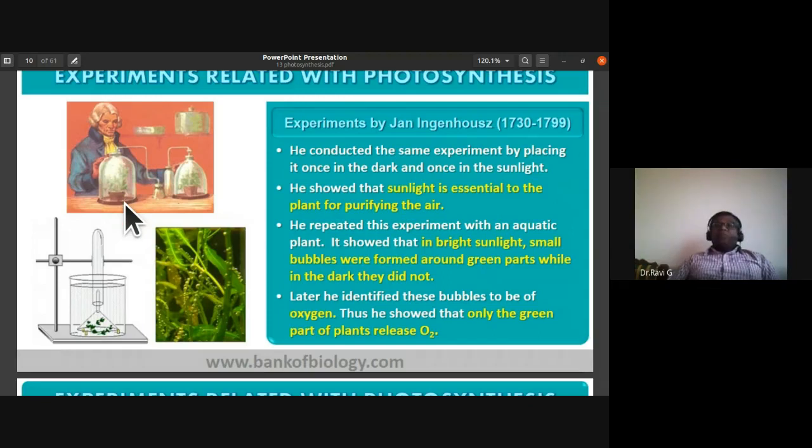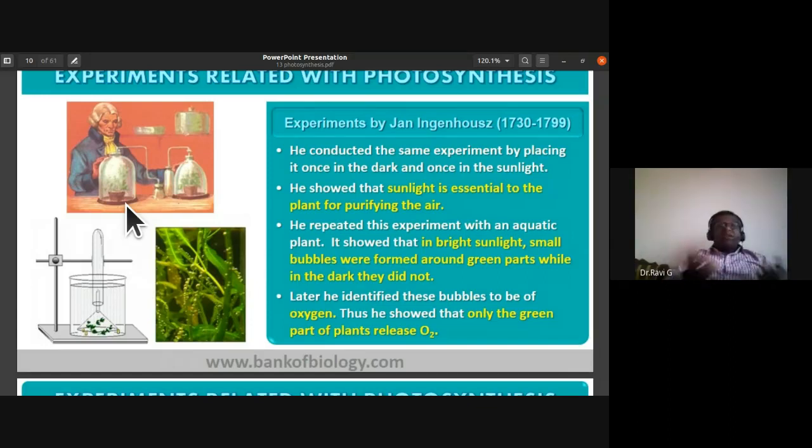See, these simple experiments conducted by various scientists made us develop the concept of photosynthesis. We did not come up with this idea of photosynthesis on a single day.